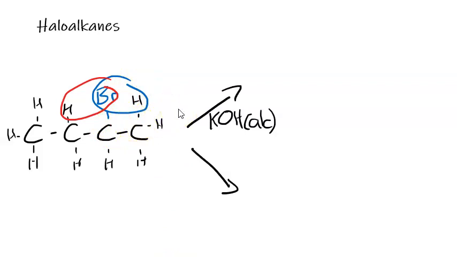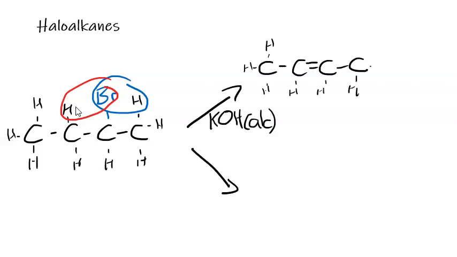So let's draw it out quickly anyway. We'll have our C, C, C, C. If we eliminate this hydrogen atom, we're going to get the double bond between the middle two carbons, and then we're just drawing the hydrogens around it. And this one is going to be the major product.